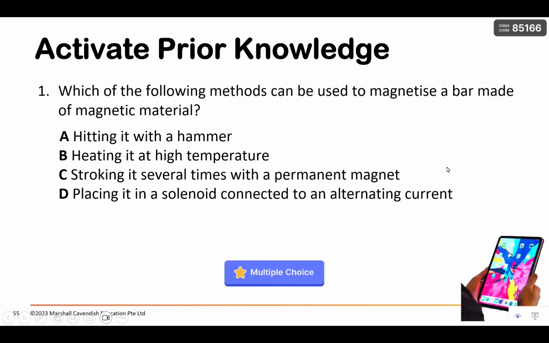Heating it, or placing it in a solenoid with an alternating current will actually cause it to demagnetize if I were to remove the bar magnet slowly from the solenoid. In order to magnetize, I need to use a direct current, not an alternating current. So the best answer is by stroking it several times with a permanent magnet. So the answer is C.